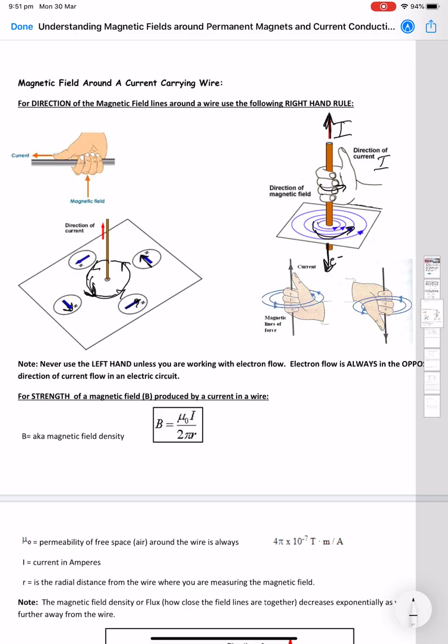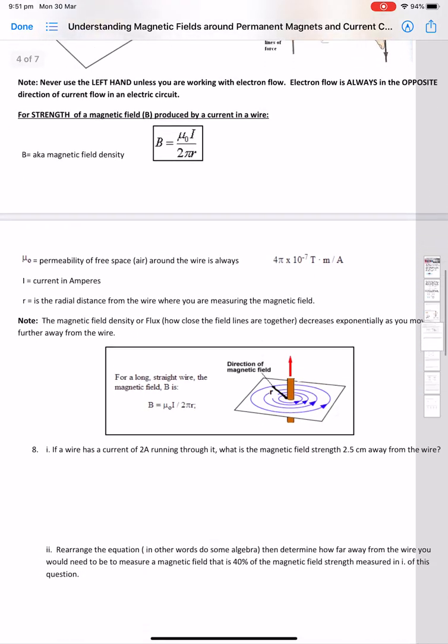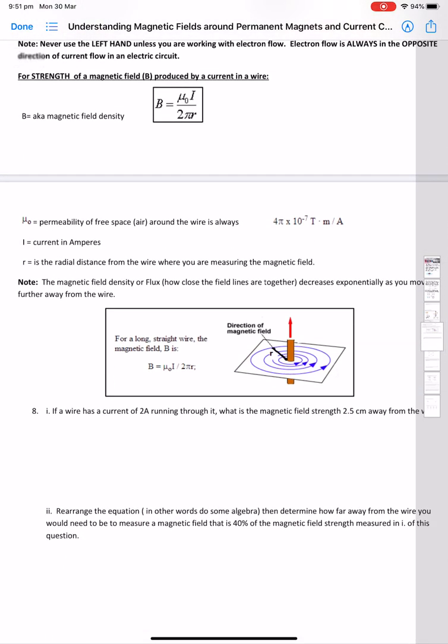Okay, now on to our equation, which is B, which is the magnetic field, and the mu naught, that value is in your data booklet, so you might want to turn the page to your physical constants, and it's just below epsilon naught, which you were using as your electrical constant.